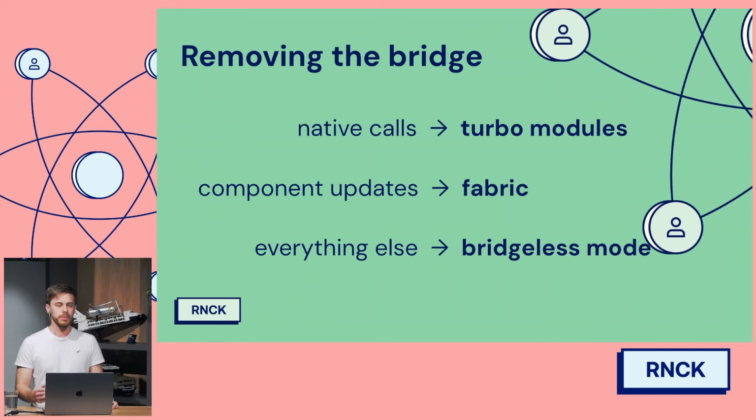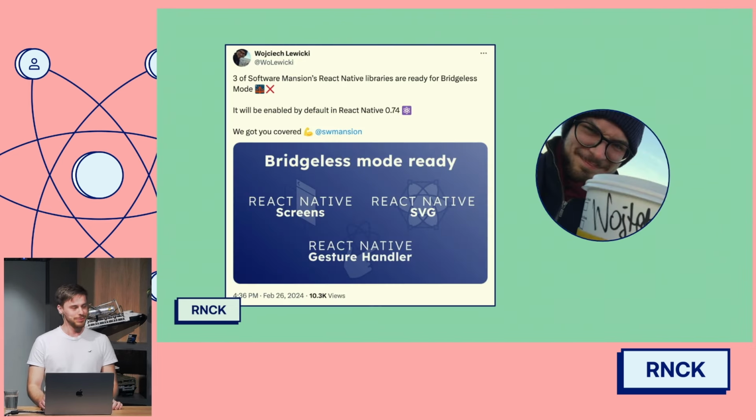If you're a library maintainer, you have to make your library work with Bridgeless mode. Luckily, you have Wojtek, and he migrated a couple of our libraries, like React Native Screens, React Native SVG, and Gesture Handler. Also Safe Area Context, I think.